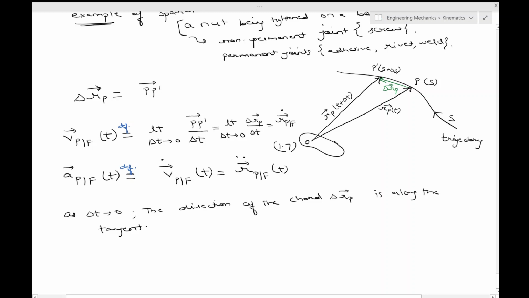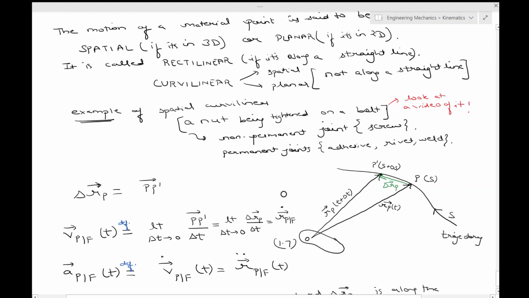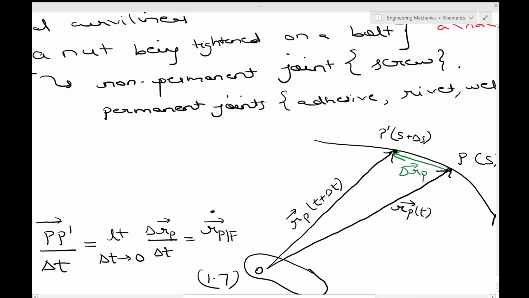You can do this yourself: make this delta t so small and you will observe that the direction of delta Rp will actually be along the tangent. So let me do that over here in another ink. So this is actually dRp by dt.